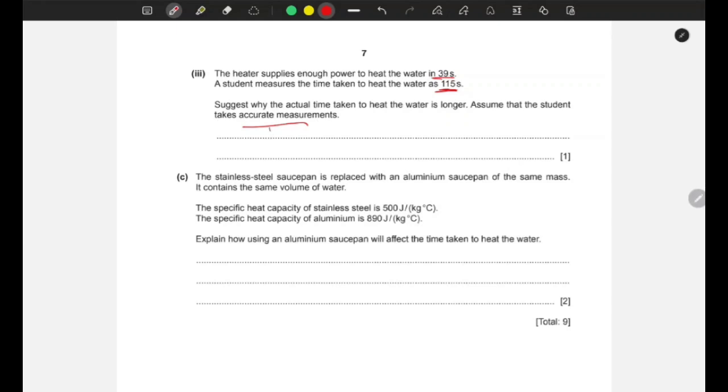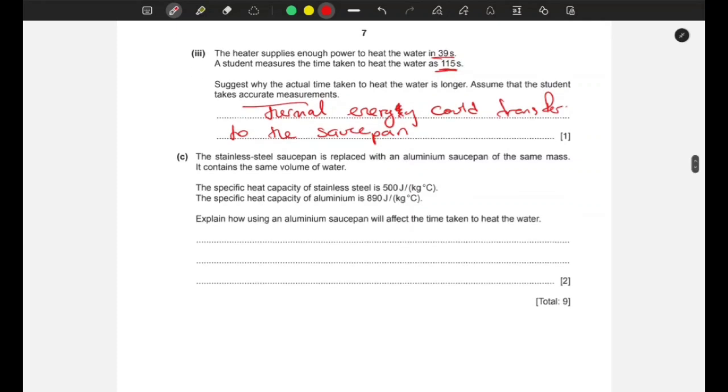So we can say thermal energy could transfer to the saucepan. According to the calculation, 39 seconds is if all the thermal energy is transferred to the water. But since some of the energy is transferred to the saucepan and escapes to the surroundings, it would take longer.